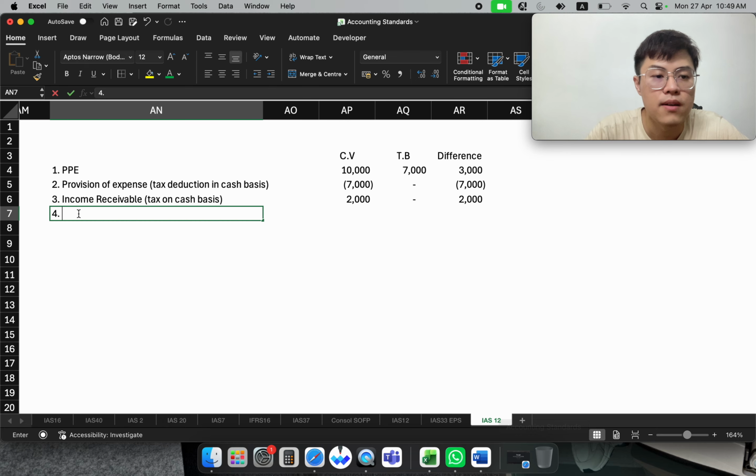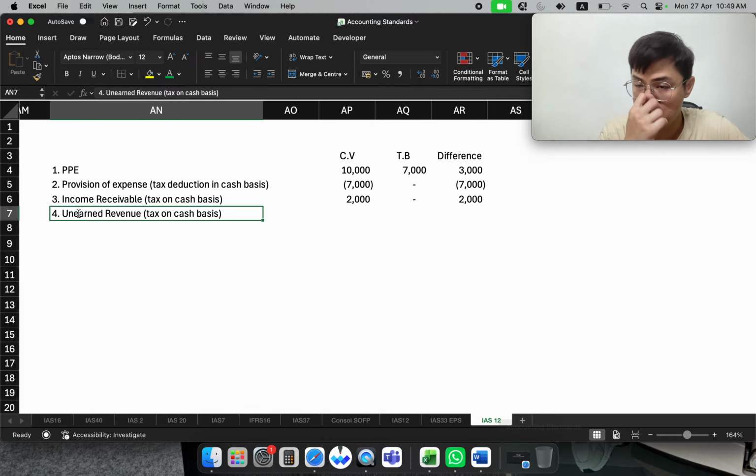And number 4, for example, if it is an unearned revenue taxed on cash basis, you didn't recognize any revenue now, and the tax is already charged on you because you received the money already. So in future, you are not going to pay tax because you suffered it now.